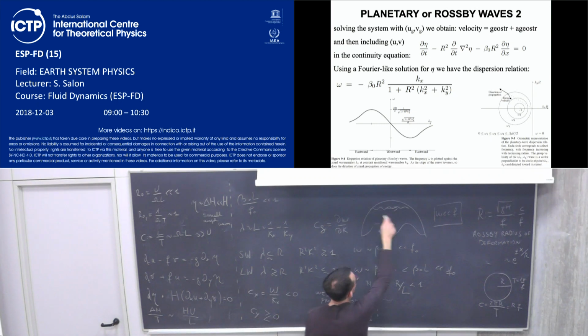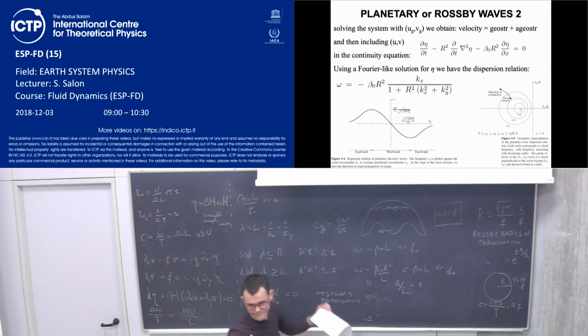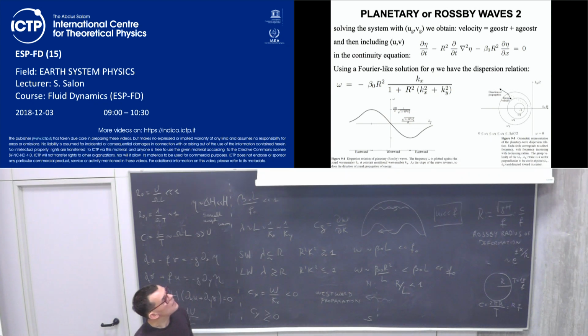And so this gives us a very simple first approximation model to explain the general circulation in our atmosphere.